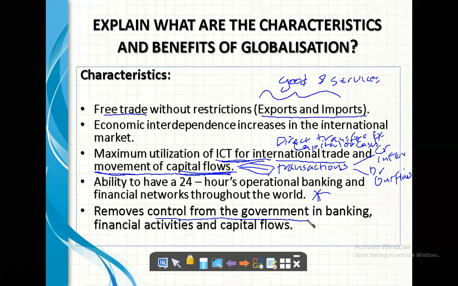But control from the government is removed by globalization because the cash or the exchange rate is determined by the exchange market. Is that right? Yes. Okay. So because we are using the floating exchange rate, the government does not have much control over our banking or financial activities, capital flows that comes from overseas or going out of our country.